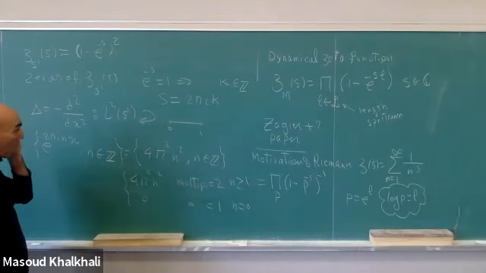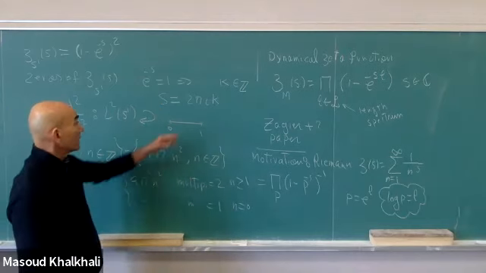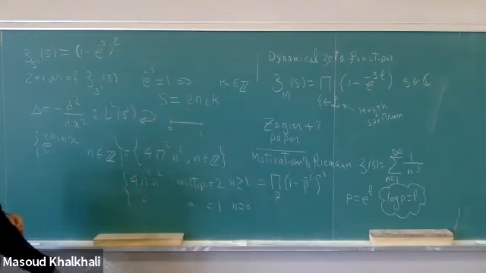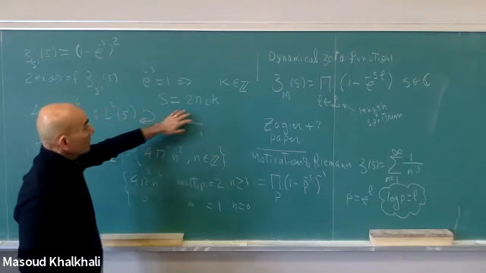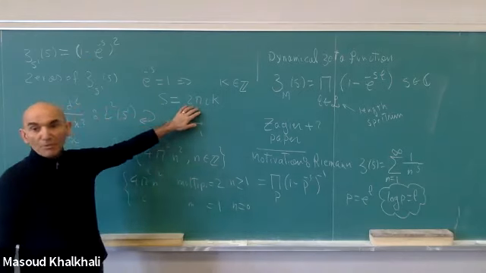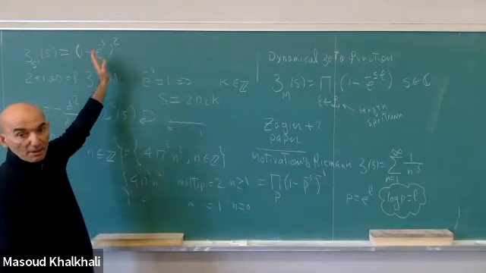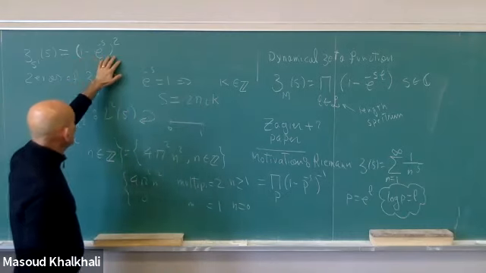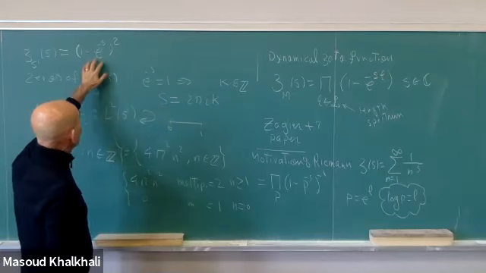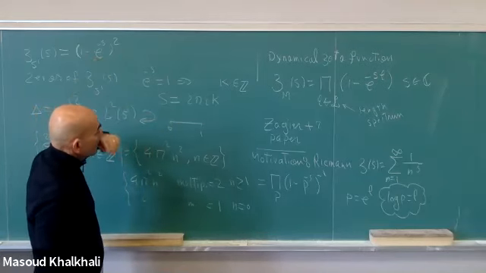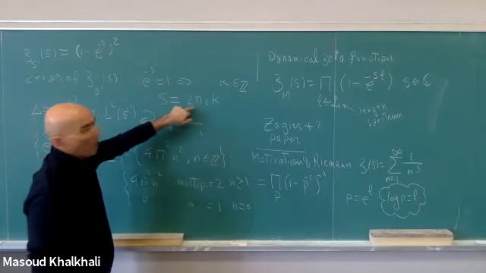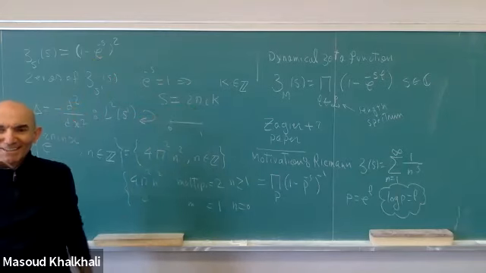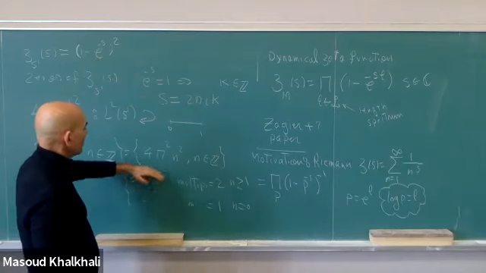Okay, so what's the relation between these and those? If you look at roots, they are appearing twice because there is a power 2 here. So these are multiple roots. And somehow we are supposed to multiply these things together to see the actual spectrum.